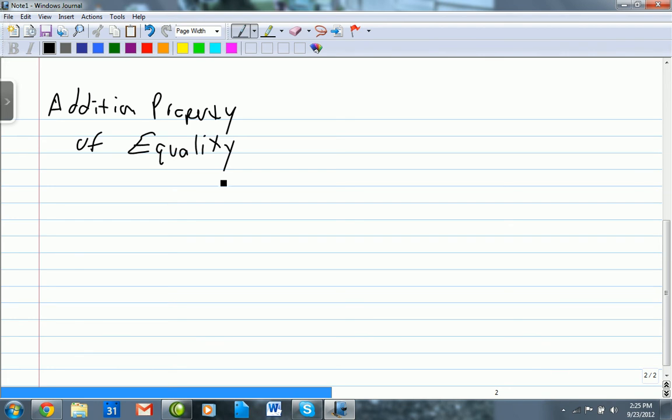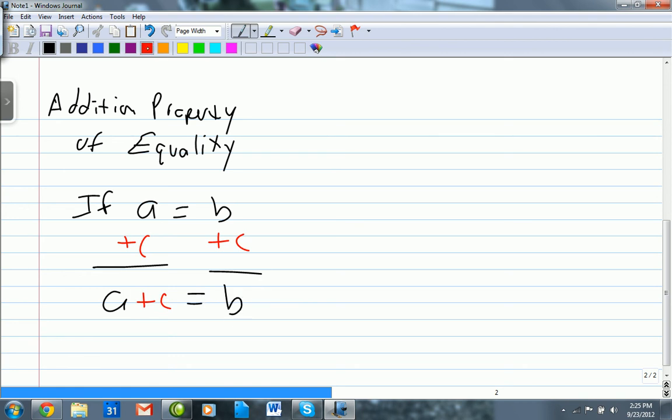What this says is: if A equals B, and I add C to both sides, now C equals C by the reflexive property, then A plus C has to be equal to B plus C. In other words, if we start out with two things that are equal, A and B, and we add the same thing by the reflexive property to both of those things, then their sums must be equal. Then A plus C has to be equal to B plus C.